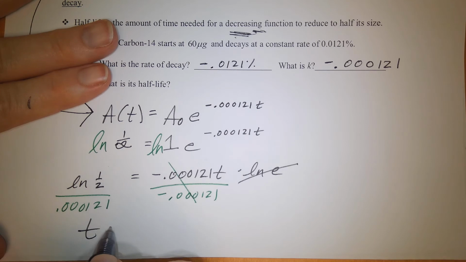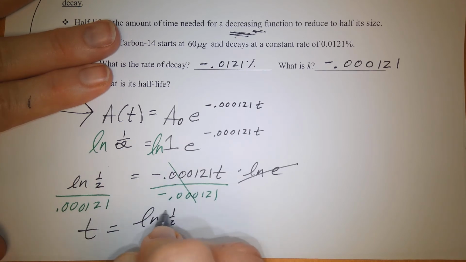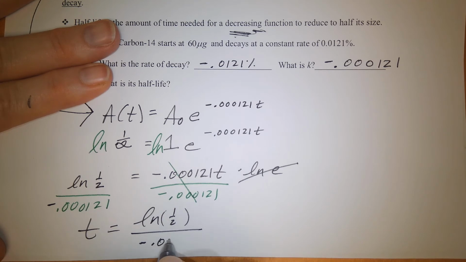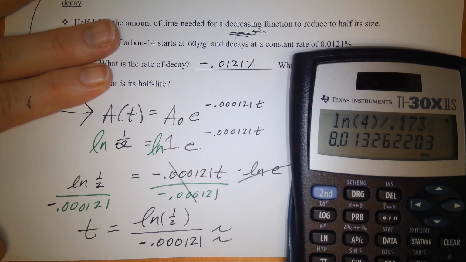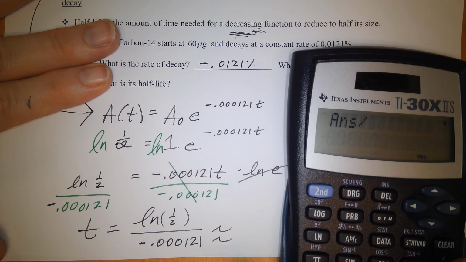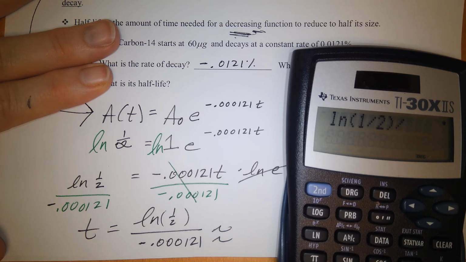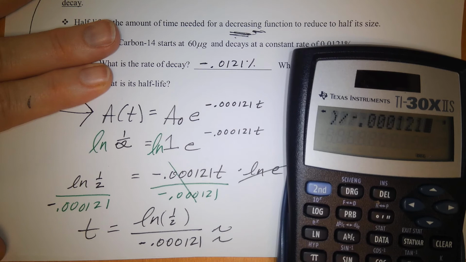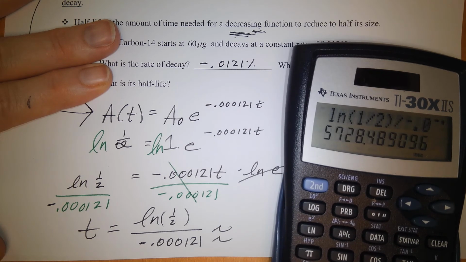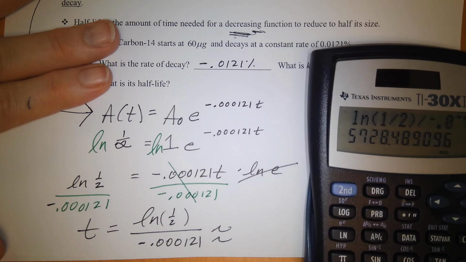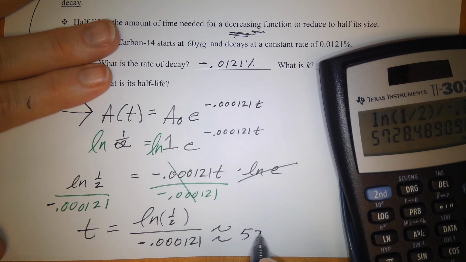So that means t is equal to natural log of 1/2 divided by negative 0.00121, which is equal to 5,228 days.